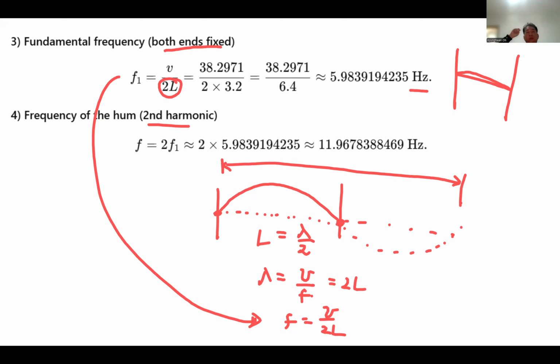Okay, so here is the case. What is meant by the fundamental frequency for both ends closed?